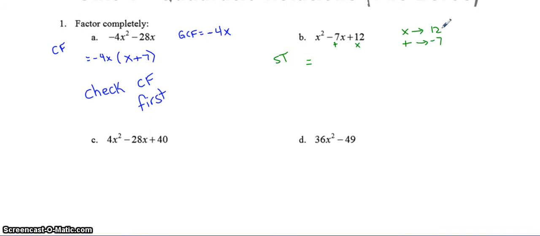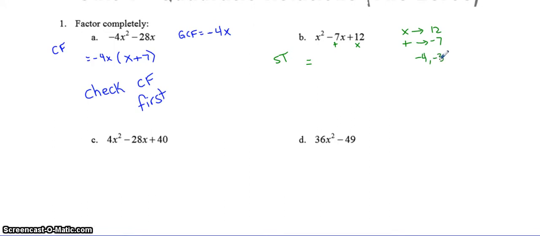So for instance, 6 times 2 multiplies to 12, but you can't use a 6 and a 2 to make a negative 7. 4 times 3 multiplies to 12. If they're both negative, they still multiply to 12 and they add to negative 7. So the numbers are negative 4 and negative 3.